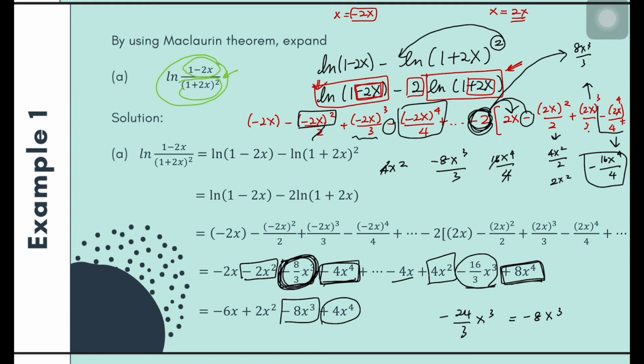Then you have negative 2x to the power of 2 plus 4, which is 2x to the power of 2. And the last one is negative 2x minus 4x, which gives you negative 6x. So this one is the expansion of this function by using Maclaurin theorems.